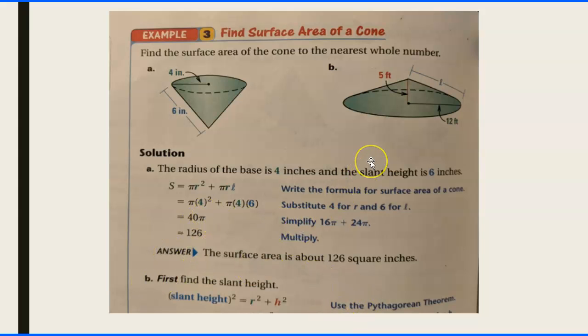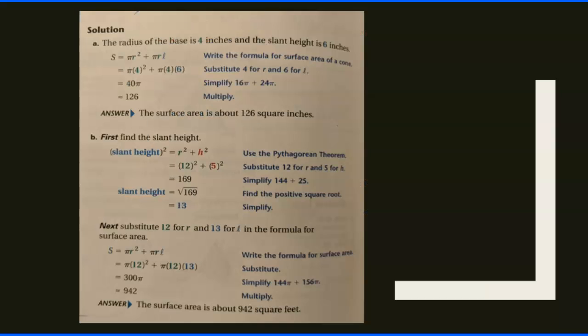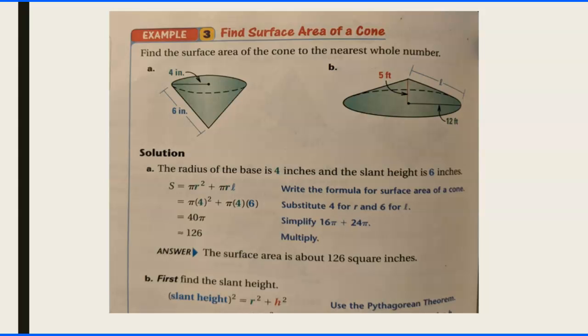If you have to find the slant height, let me see if that's my next slide. Yes, here's my next slide. In order to find the slant height, it's going to be slant height squared equals the radius squared plus the regular height squared. So if we look back at this, the radius is 4.